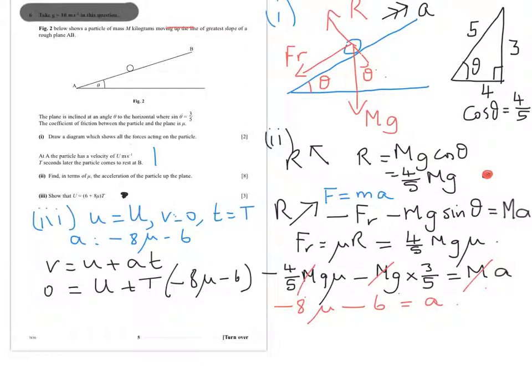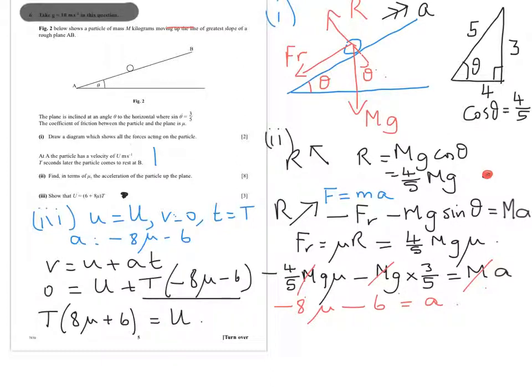So if we leave U where it is, and take this term over to the other side, these will become plus, so it'll be T times (8 mu plus 6), which is equal to U.